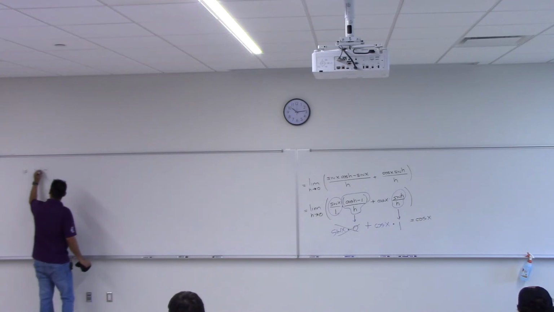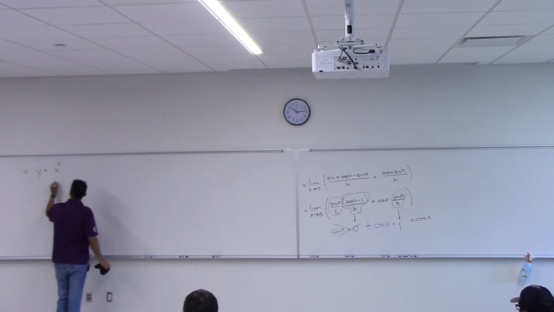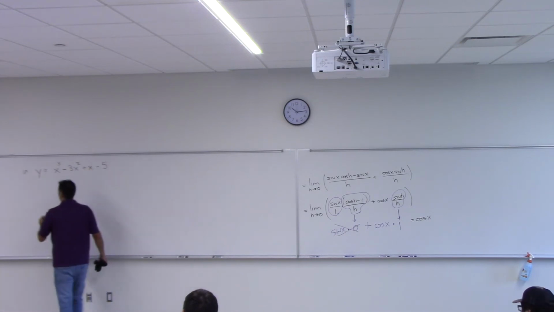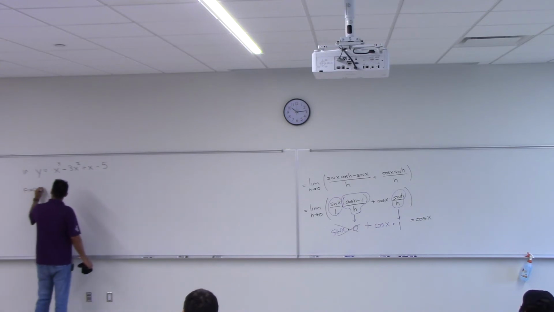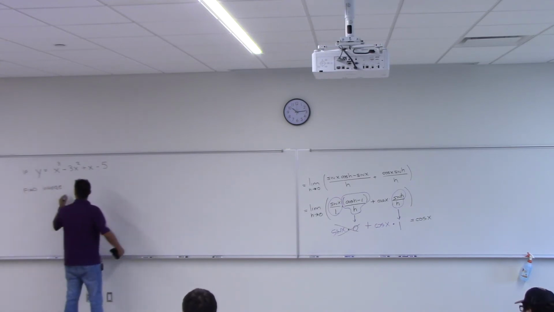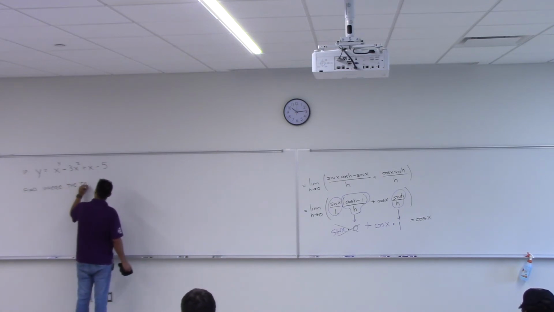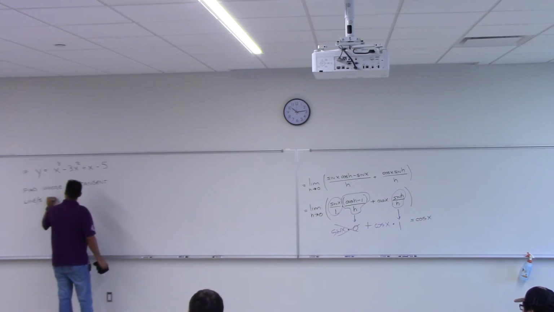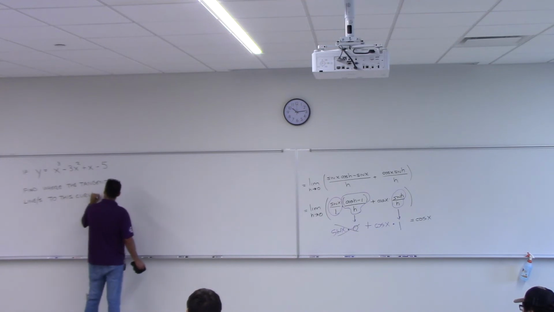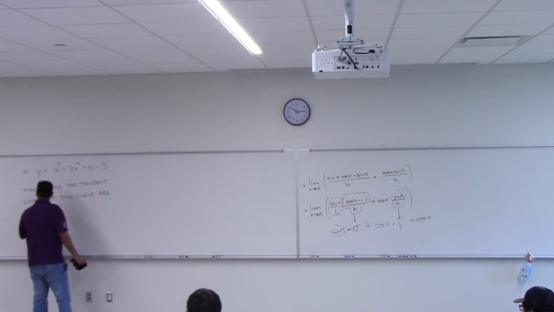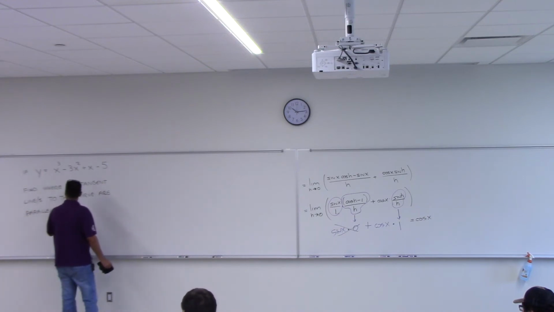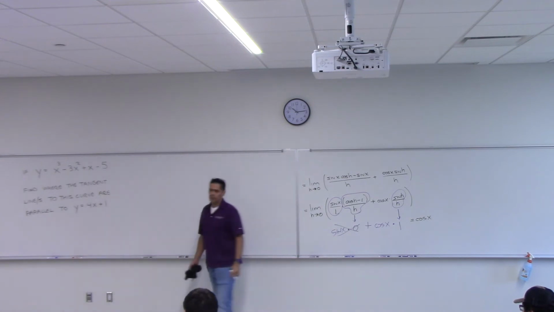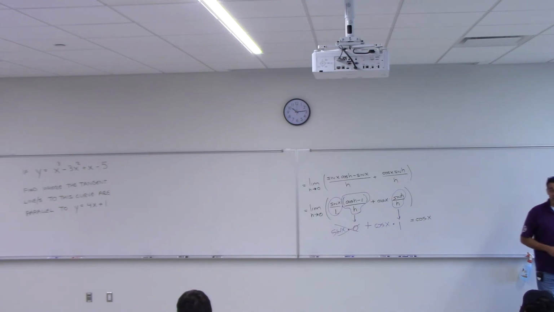If y equals x cubed minus 3x squared plus x minus 5, find where the tangent line or lines to this curve are parallel to y equals 4x plus 1. Now, this problem is going to seem like it's coming out of nowhere, all right?